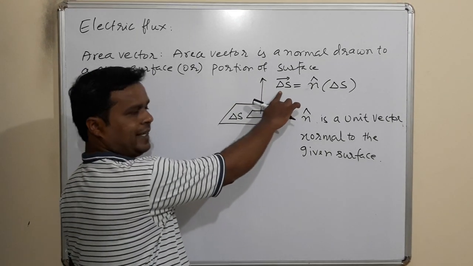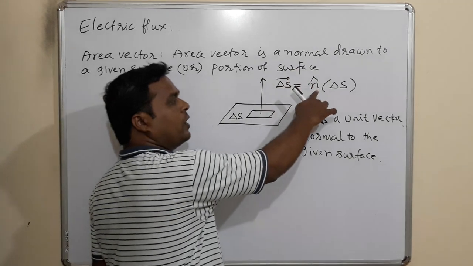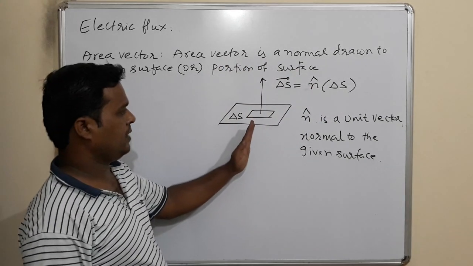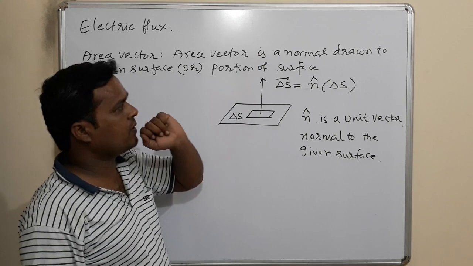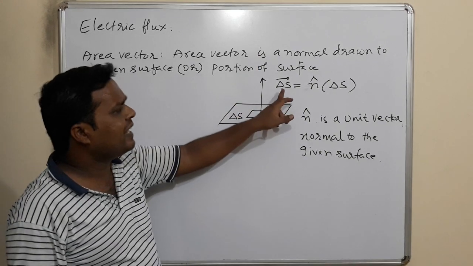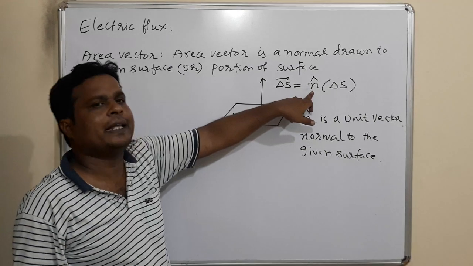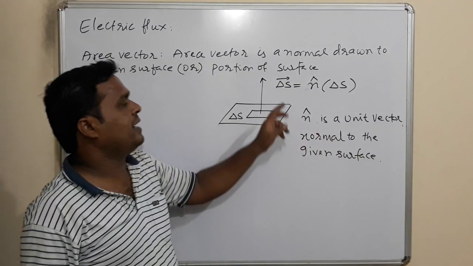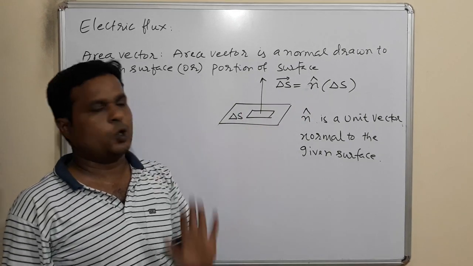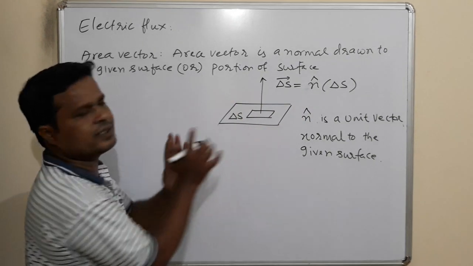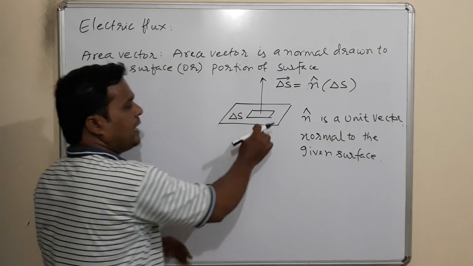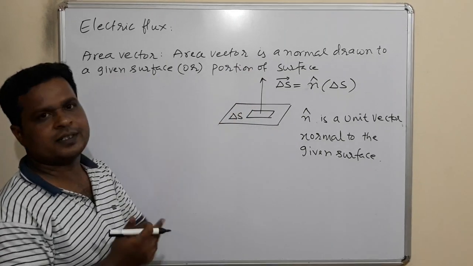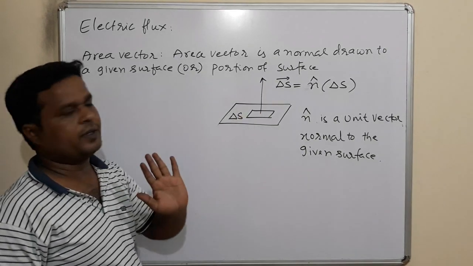This delta S area vector is along n cap. N cap is along the normal, which means the area vector is along the normal. To any given surface, if you draw a perpendicular line, that perpendicular line will represent the area vector.